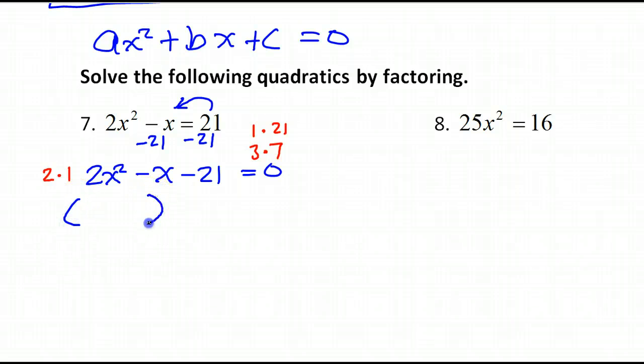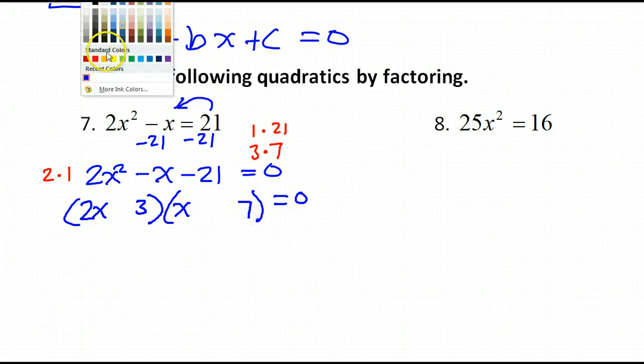As we try to factor this, 2x squared can only be 2x times x. There's your 2 and your 1. Now, 21. Let's start with the 3 and the 7. I always start with the numbers that are closer together, and then I go to the numbers that are further apart. The ones that are closer together are just more commonly the answer. So let's start with 3 and 7.